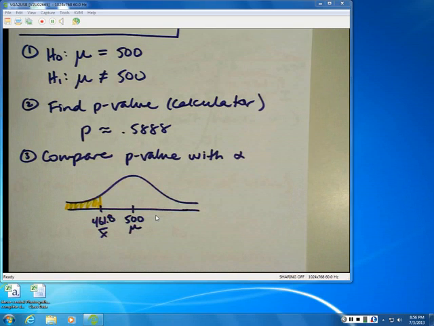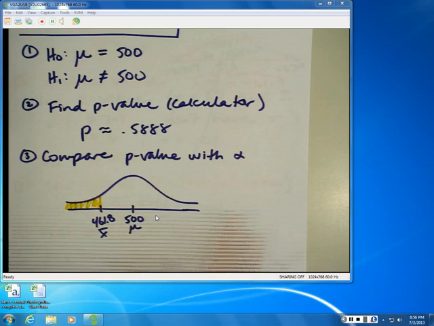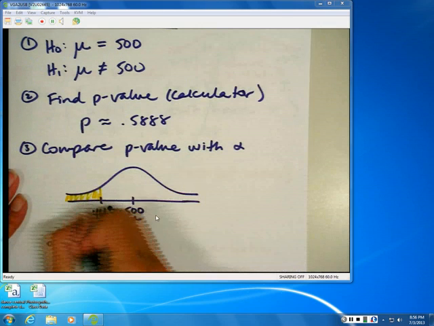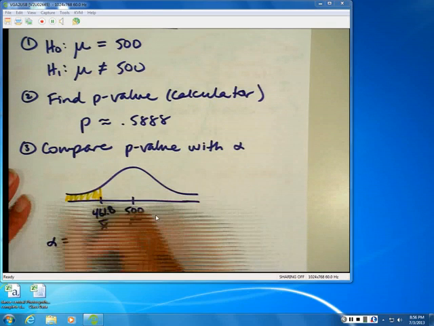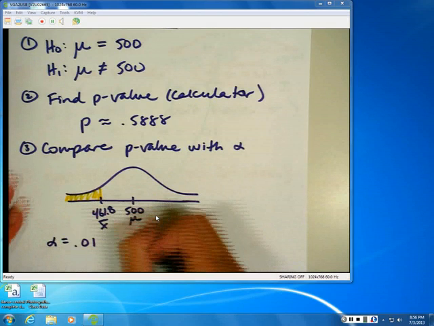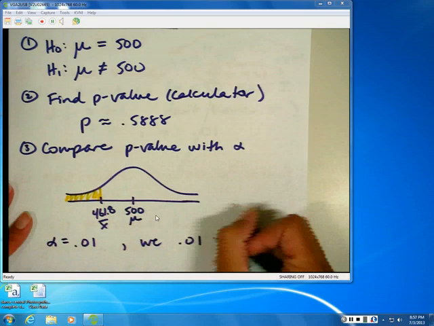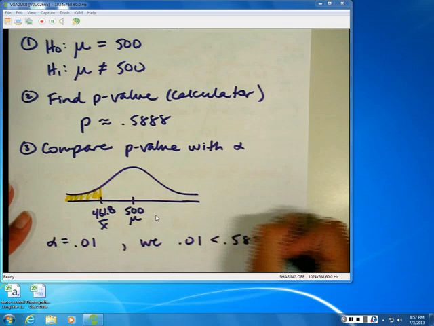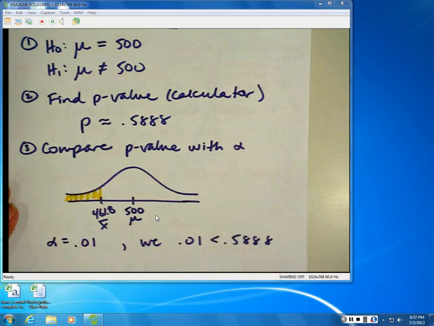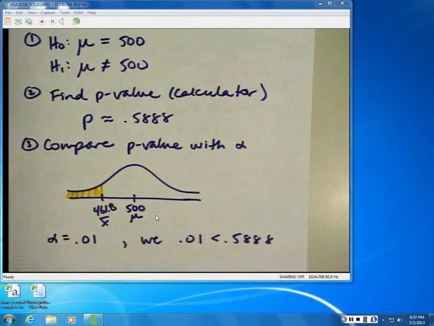If I continue here, I want to compare my p-value with alpha. Alpha is 0.01, and we know that 0.01 is smaller than 0.5888.